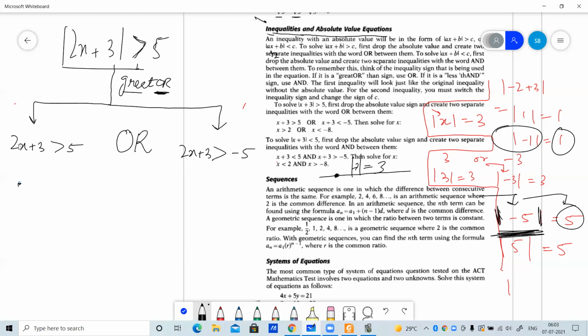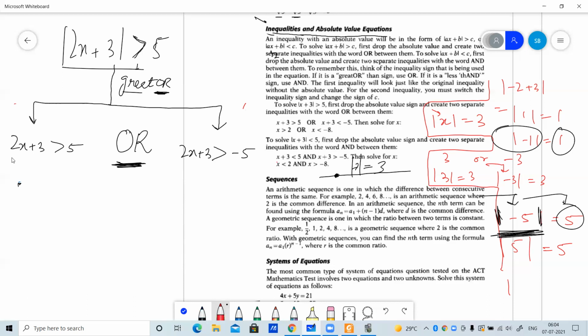One will be the same, 2x plus 3 is greater than 5. Another one will be 2x plus 3 is less than negative 5, as we did for equations. But there'll be or in between them. So the values which you will get on the left and right side, you have to write or in between them. x is greater than something, or x is less than something else.